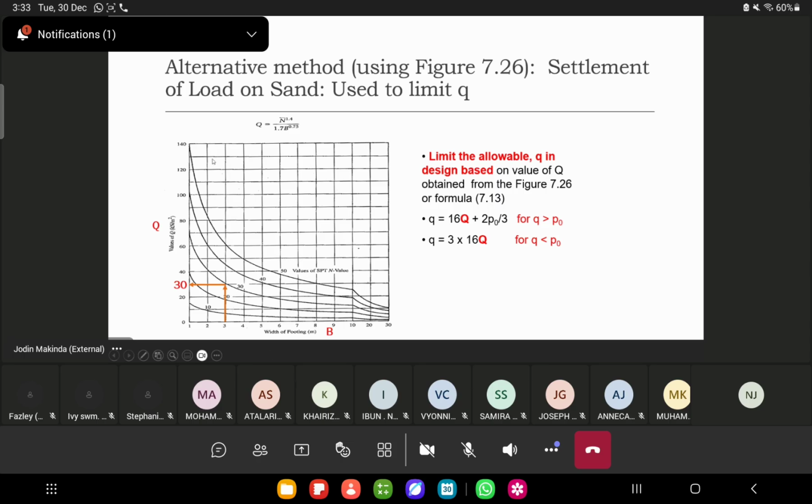Another method is using this figure. The x-axis is the width of the footing, and the y-axis is the value of the Q. If we know the width of the footing, we scale off and obtain the value of the Q, and we use it to find the value of the allowable design.